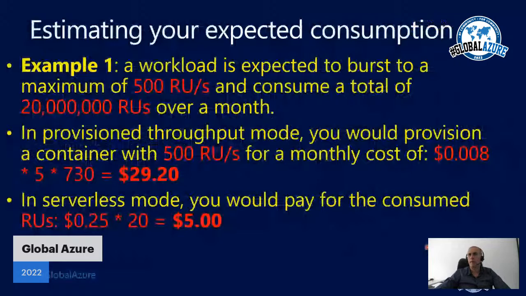With serverless mode, the price is paid per million request units per month, and of course you need to keep the limitations for containers which we discussed. The final price will be around $5. So we have nearly 6 times lower cost for serverless mode.